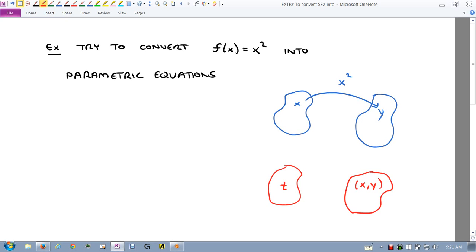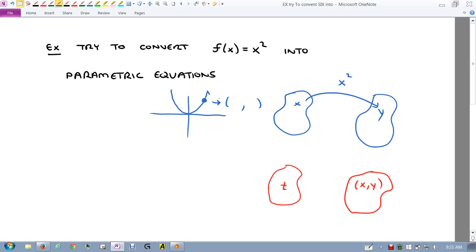So tell me about, in this blue scenario where it's a traditional function, when we draw it, tell me about one of these points. Can you tell me what the coordinates of that point are? What's the x coordinate? Okay, if I plugged in 1, then, right, it would be 1, and then the y value would be 1 squared, which would be 1, right?